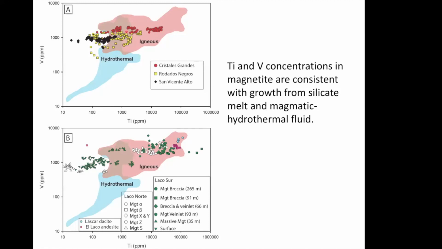Again, what we can see is that all of the data either plot within the igneous field or within this magmatic hydrothermal field, minus a few outliers. On the bottom, I've got the data for magnetite from the drill core. Again, magnetite at depth is the most trace element rich, and as we get towards the surface, the trace element concentrations in magnetite decrease.